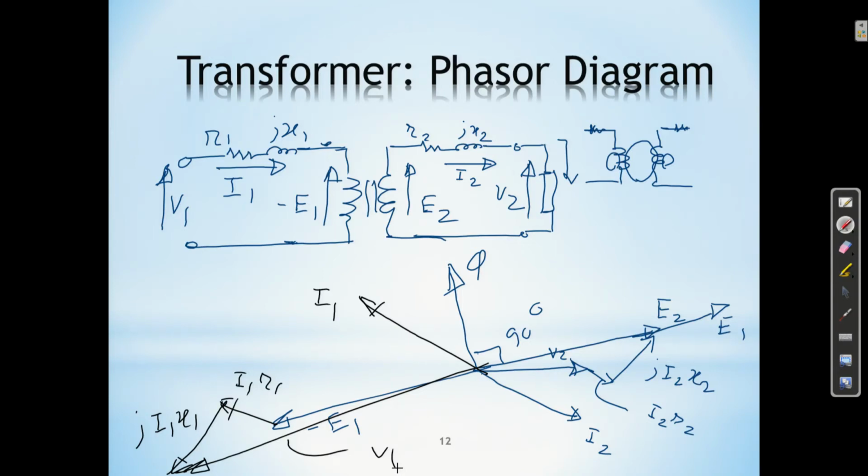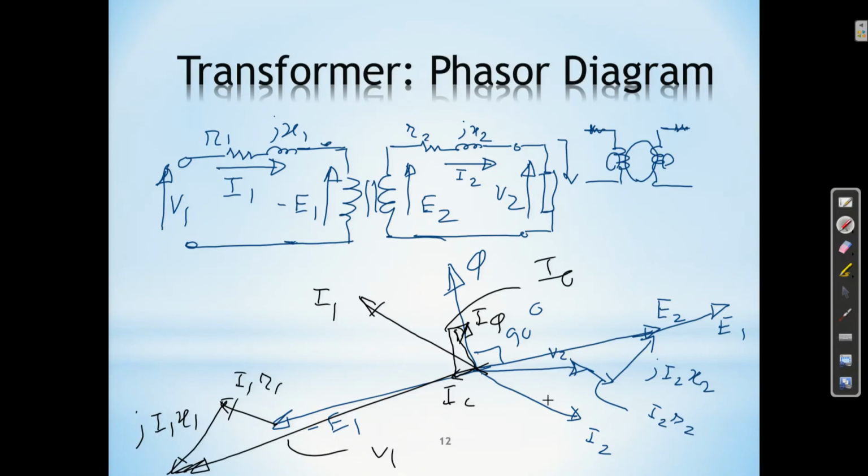Now if you consider the magnetizing branch, you have one more component. You can consider this side to be I phi, the flux producing current, and this small component to be the core loss component IH plus E. You can add this up, which is I0, the no load component.